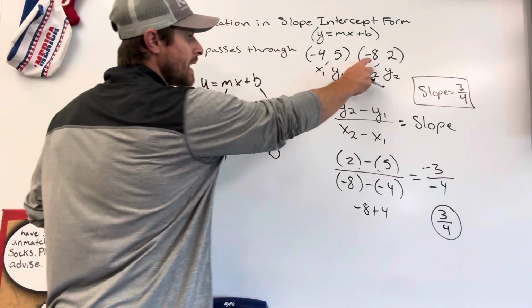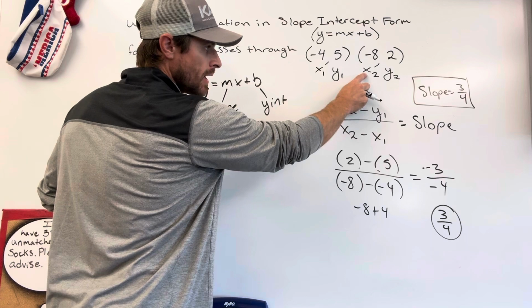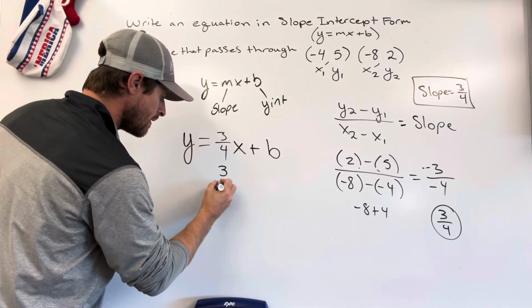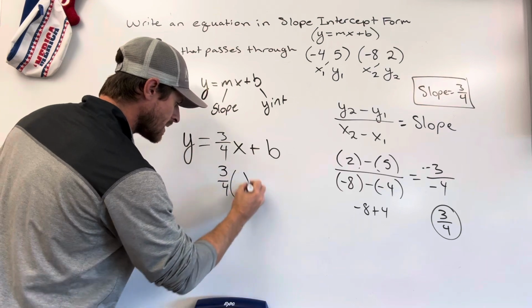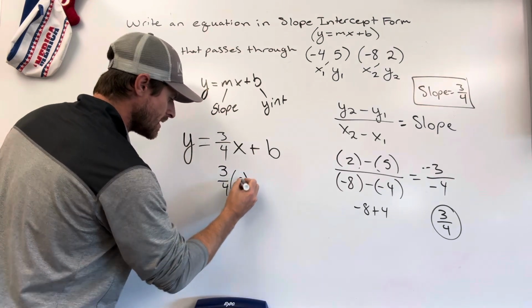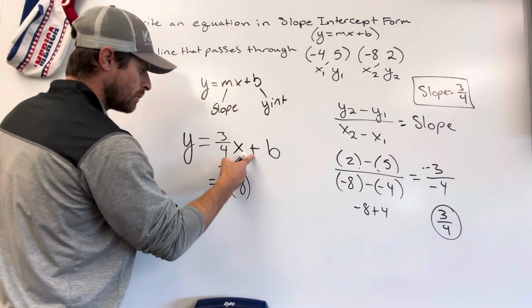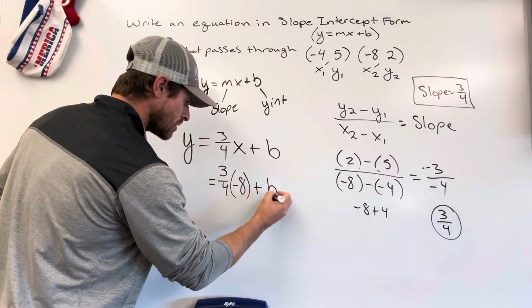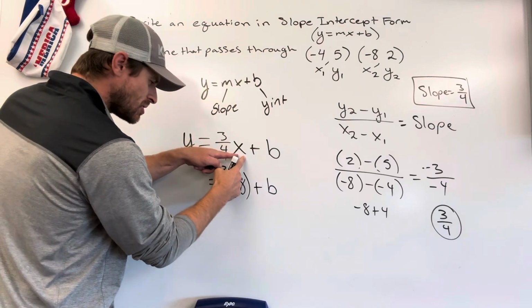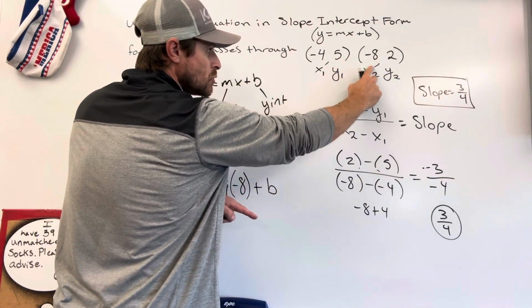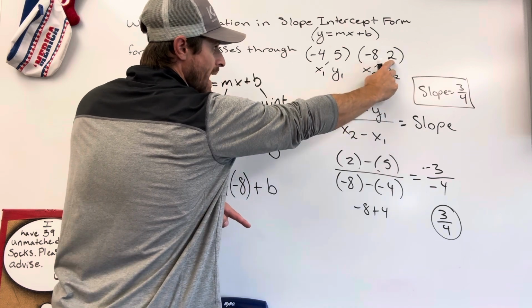Okay, so let's plug negative 8 in for x. So I need a negative 8 right there. So this is now 3/4 times x, which is negative 8, equal to y plus b right here, which just comes straight down. Now, if I change the x to negative 8, I'm using this coordinate, so I've got to use the y value from that coordinate.